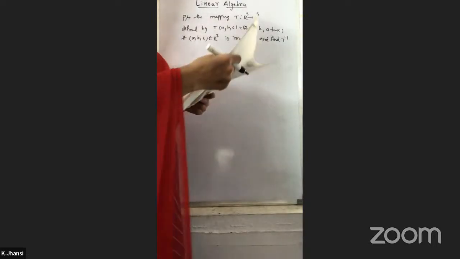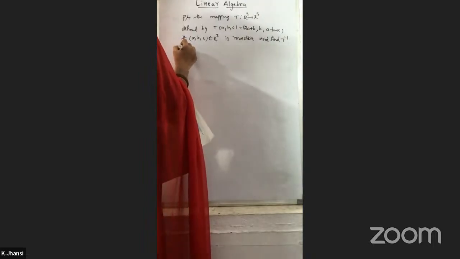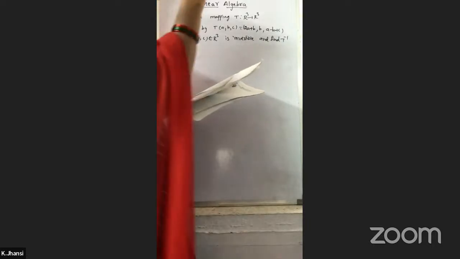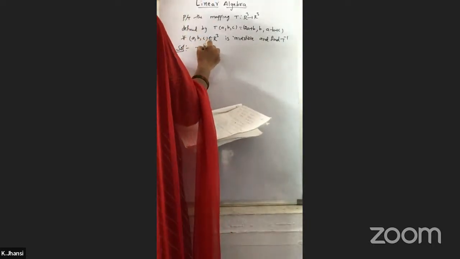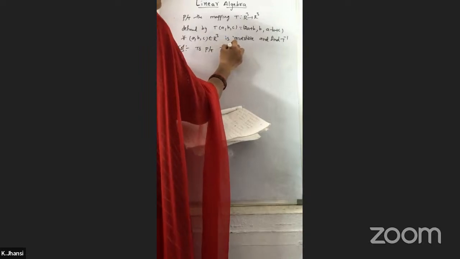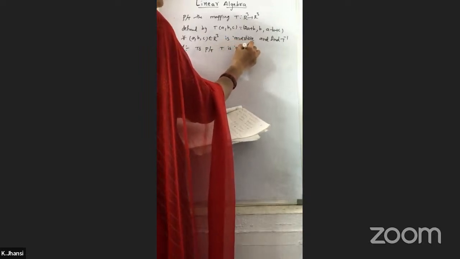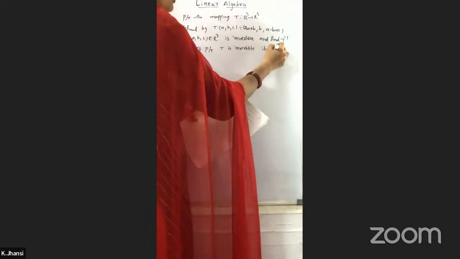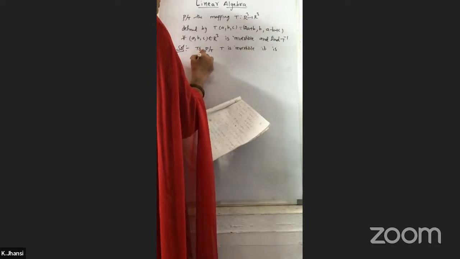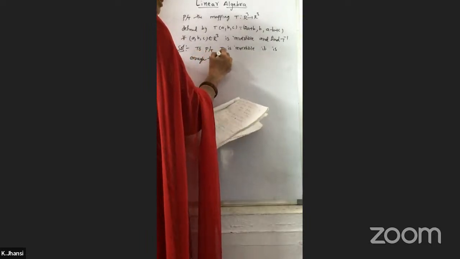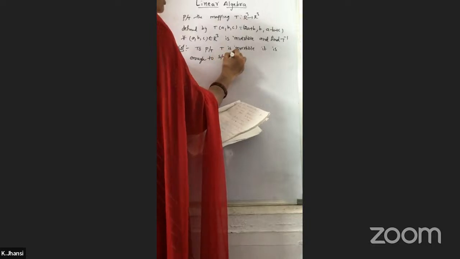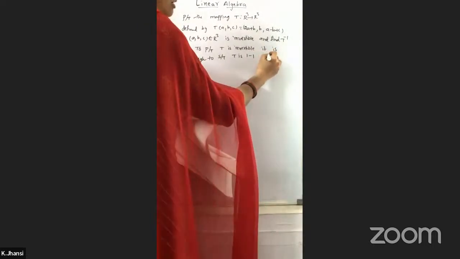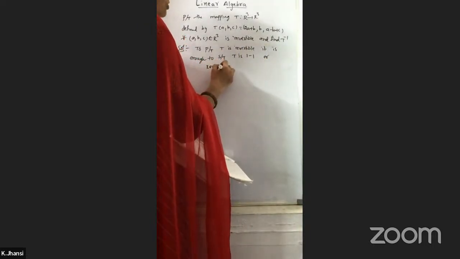Okay. So to show that, just now I have told one condition. With the help of that condition, you have to show that it is one-one. So to prove that T is invertible, this theorem is there: it is enough to show that T is one-one, or kernel of T equals 0.